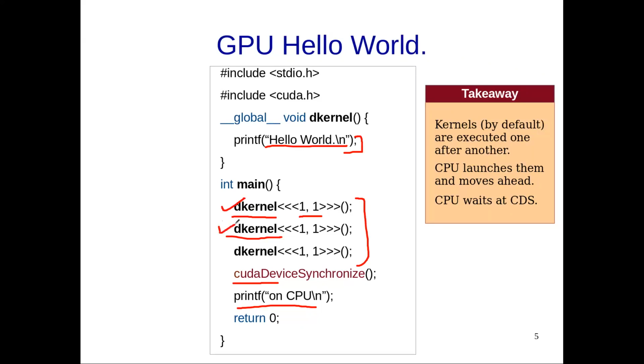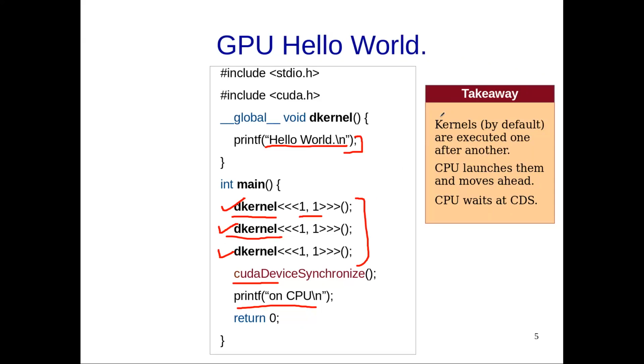Then the CPU goes ahead and pushes the second instance of dkernel to the same command queue, which will get executed sometime, and then the third one. This command queue is emptied by the GPU driver one by one sequentially, and until the first one is over, the second one is not taken for execution.